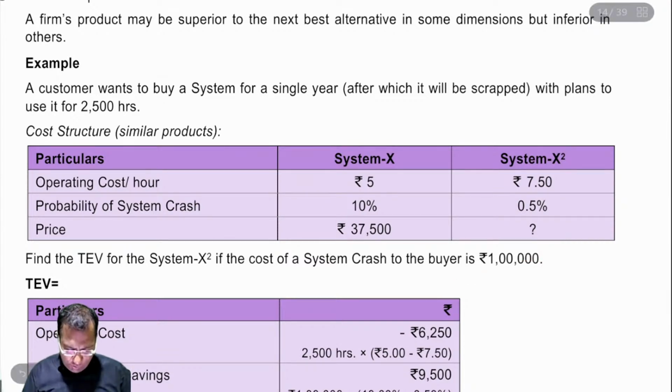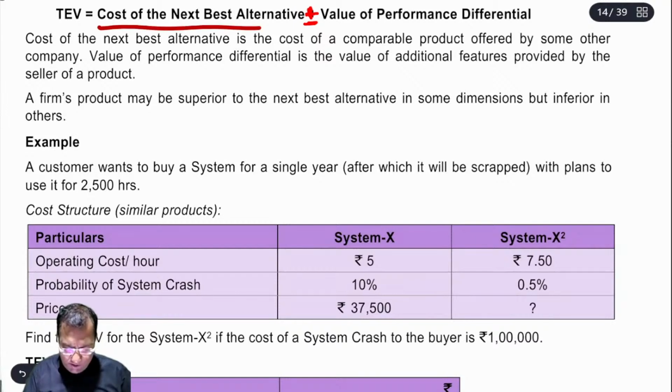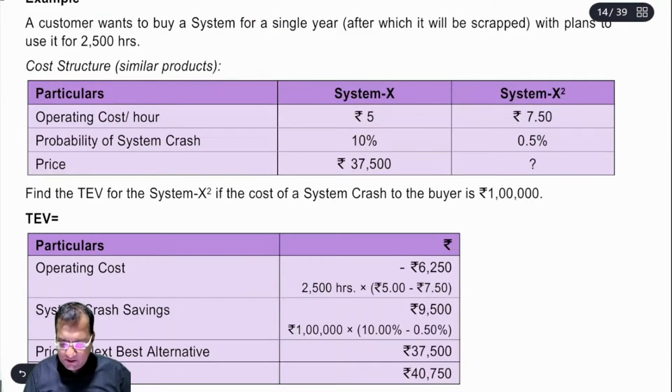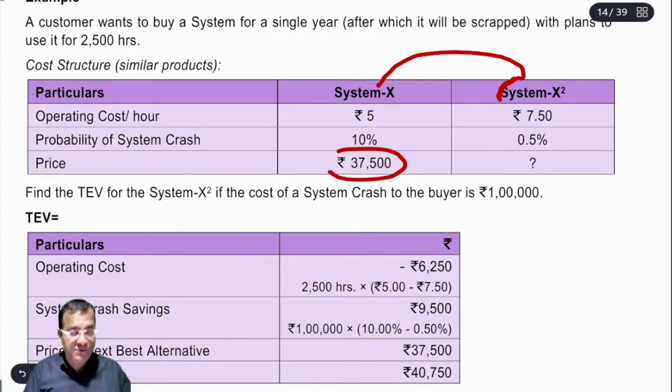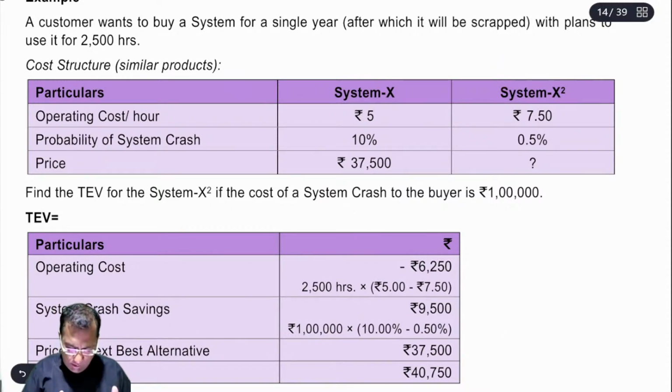Okay, so first of all, what will be the cost of next best alternative? If the customer doesn't buy system X2 from us, it will go to the competitor, and the competitor product is named system X, and it will cost the customer 37,500. So this is the price of next best alternative. The advantage we have is a more reliable product compared to our competitor.